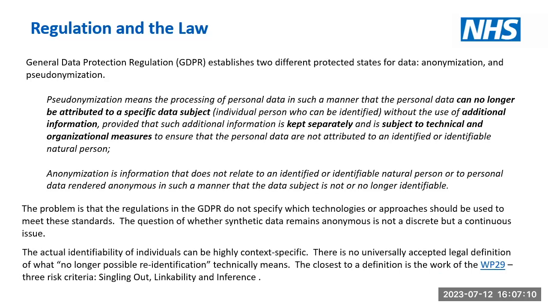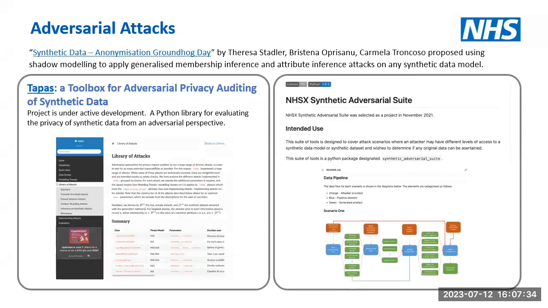The closest that we've got for this is something called the Working Group WP29, and they put forward something called singling out, linkability, and inference. If you can show that your data cannot be singled out, linked, or inferred, you can start to put it forward as anonymized data according to that best practice group. But it's still not in law. So it's all a bit hazy, which is why we've tried to use these adversarial attacks.